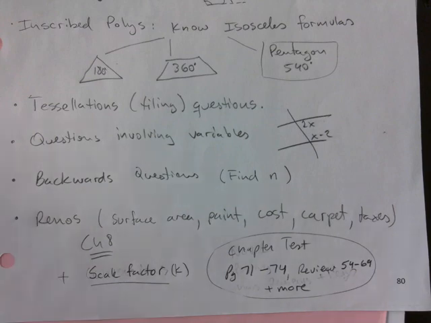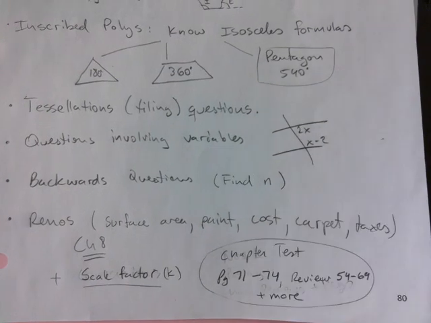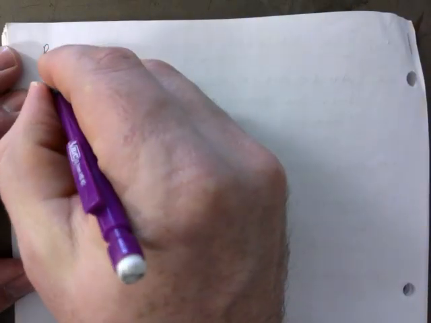I'll use page 81 or whichever page you have available there. You should have more than one blank page. We're good? Okay. So what do I mean by scale factor? Well, you should be able to find the scale factor.